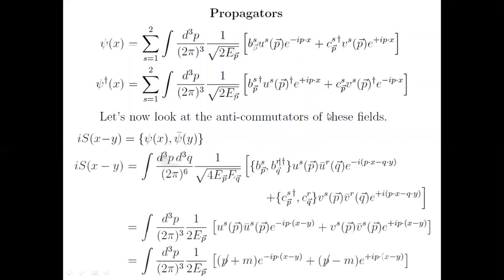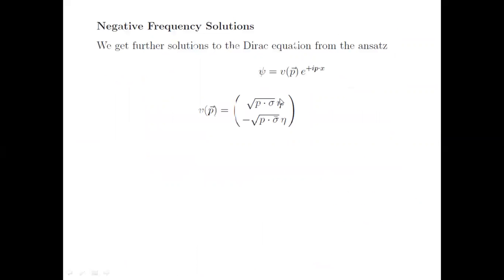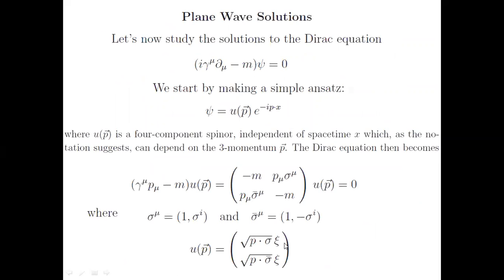Now what we can see is that the Dirac equation has the most general solution like this. I should explain: these eta and xi can be expanded in a basis. This basis has 2 parts. One is called the spin up part, the other is called the spin down part. The spin up part has xi equals (1, 0).